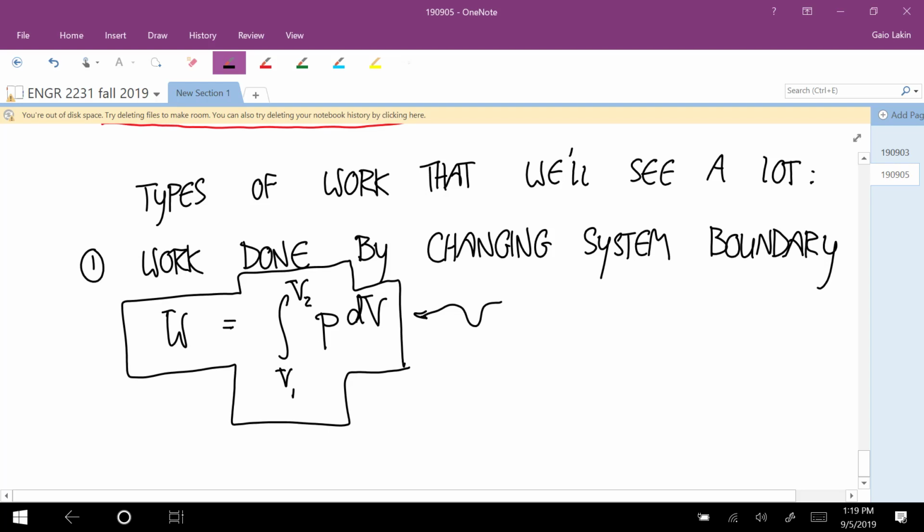Okay, this is a totally general result. If your boundary is a plastic bag and it shifts around a little bit, this equation works. It's just calculating that integral is a pain.